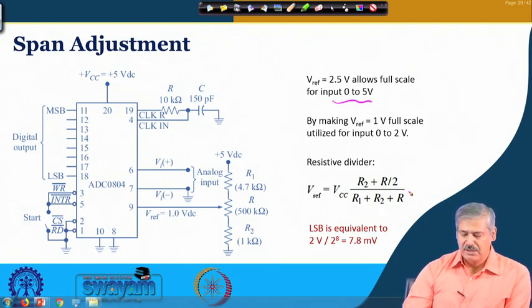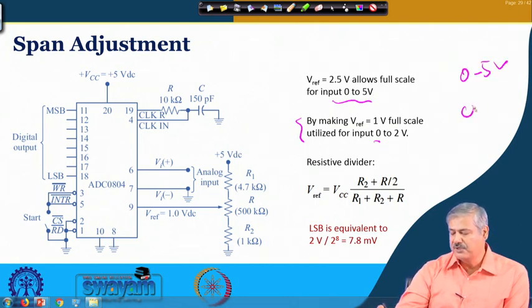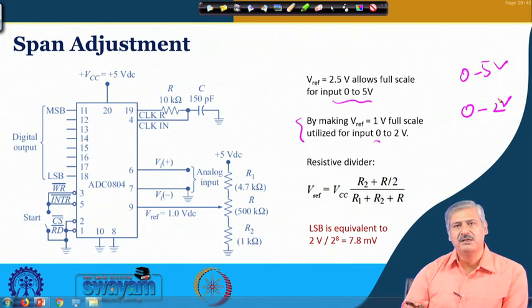Now, if you make this V reference 1 volt, then the full scale becomes 2 volt and the lowest value remains 0 volt. So the span which was 0 to 5 volt now becomes 0 to 2 volt. So all 1 is now 2 volt. Earlier all 1 was 5 volt, now all 1 will be 2 volt.